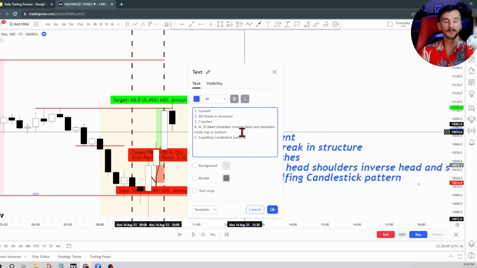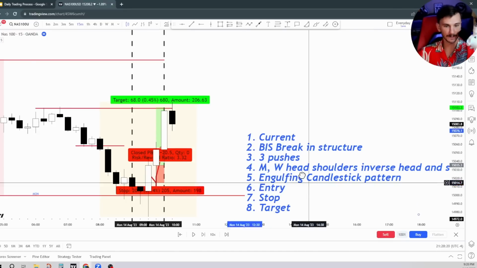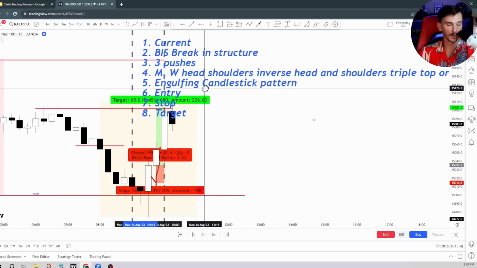Now, that engulfment is going to be my entry every single time. And then I put my stop in place immediately. Entry, stop, and then target. Oh, I guess that would be 8, wouldn't it? We'll do 8 down here. Something like this. And that will complete the process.